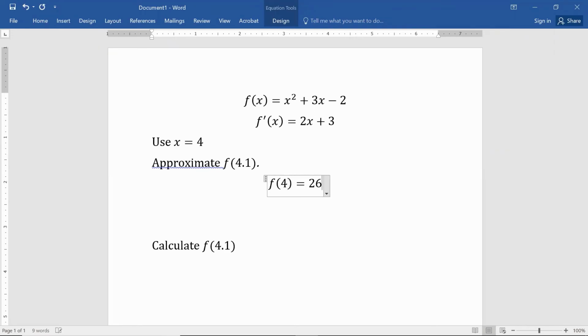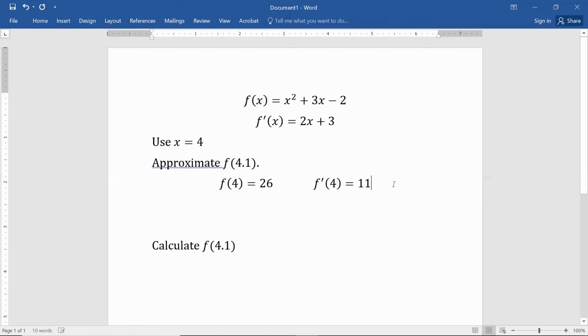I got 26. And then the derivative at 4 would be 2 times 4 plus 3, which is 11. So the function goes through the point (4, 26) and has derivative at 4 of 11.